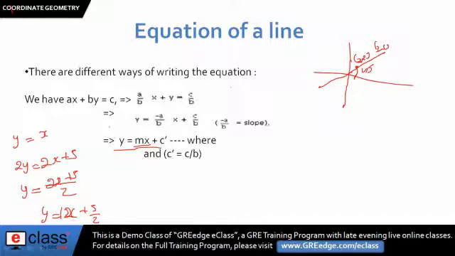Similarly, I can generalize: if I add or subtract any value, it will be parallel to the actual line. So x minus 1 and x plus 1 will go like this. These lines are called parallel lines. That is the quality of parallel lines. When you make it a general equation, it will show the coefficient of x is equal. Then you can conclude that they are going to be parallel.